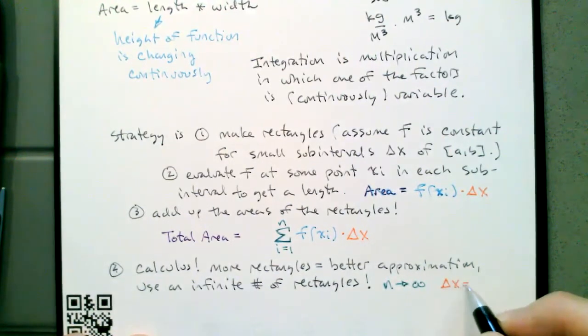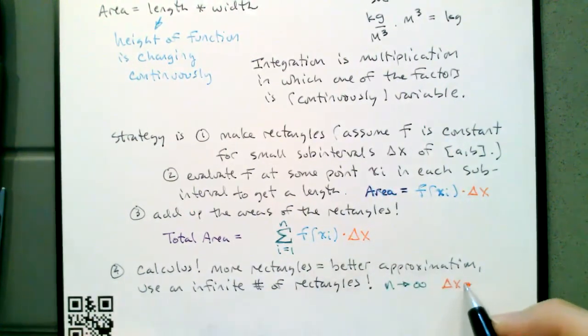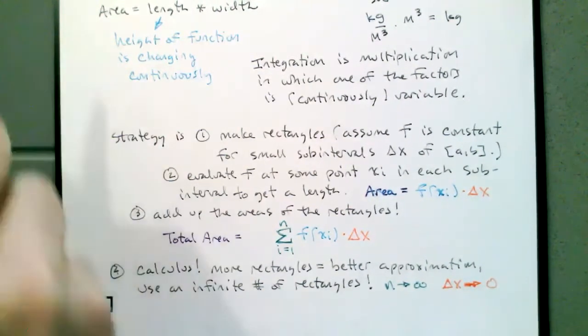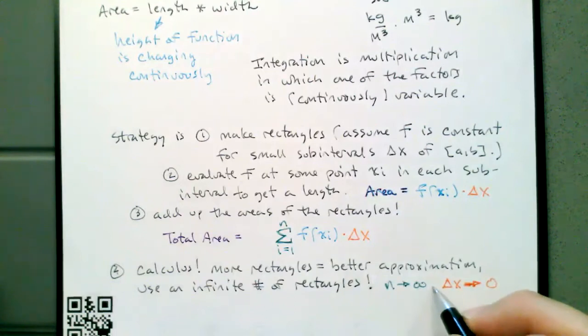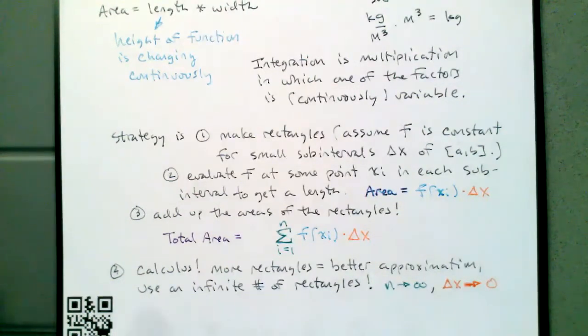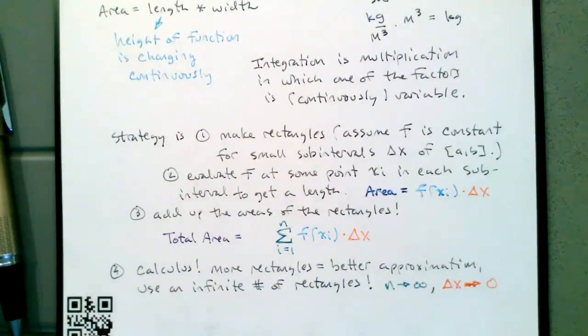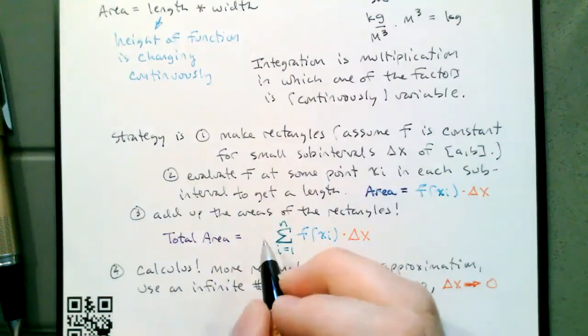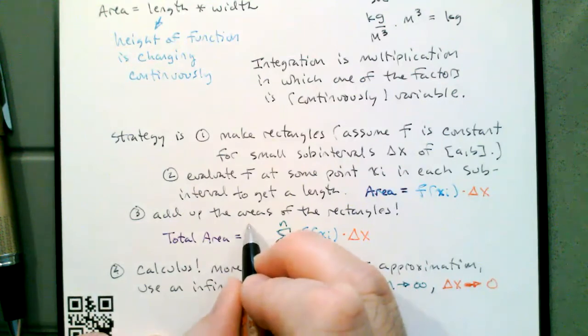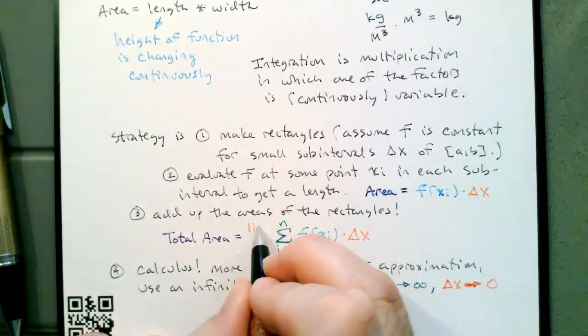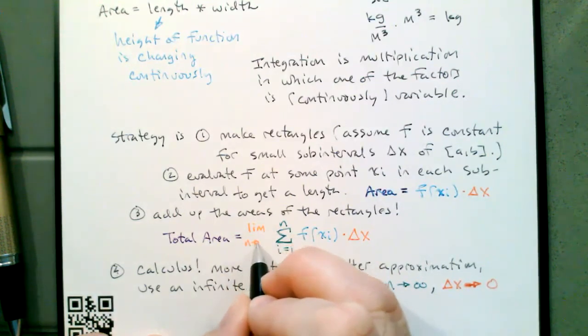We can't let delta x equal 0, otherwise our areas are just going to be all 0. But the calculus step is to use an infinite number of rectangles. In calculus, we can't plug in infinity, so we just take the limit as n goes to infinity.